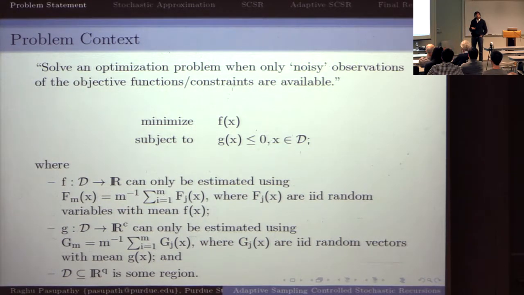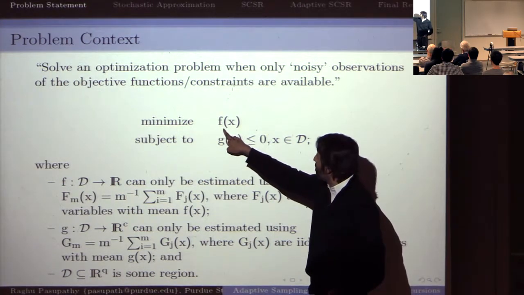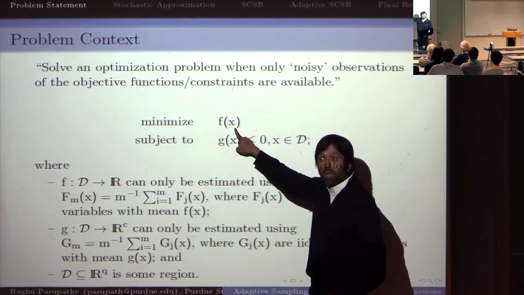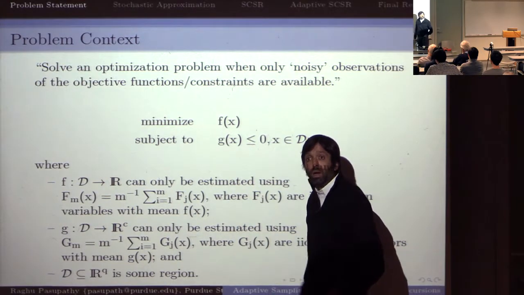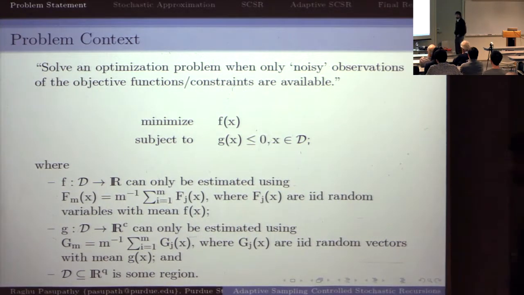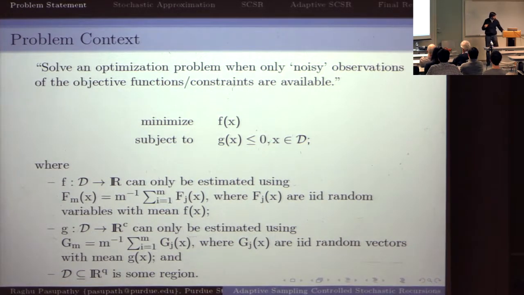Whom do you give these vaccines to in order to minimize the expected total number of deaths, or spread of a particular disease? So there, little f essentially is the expected number of deaths, and x is the particular allocation that you're going to use for these vaccines. So you can't evaluate little f exactly, so you have to run a simulation in order to get estimates of little f. So this is the broad context in which we'll be thinking about things.